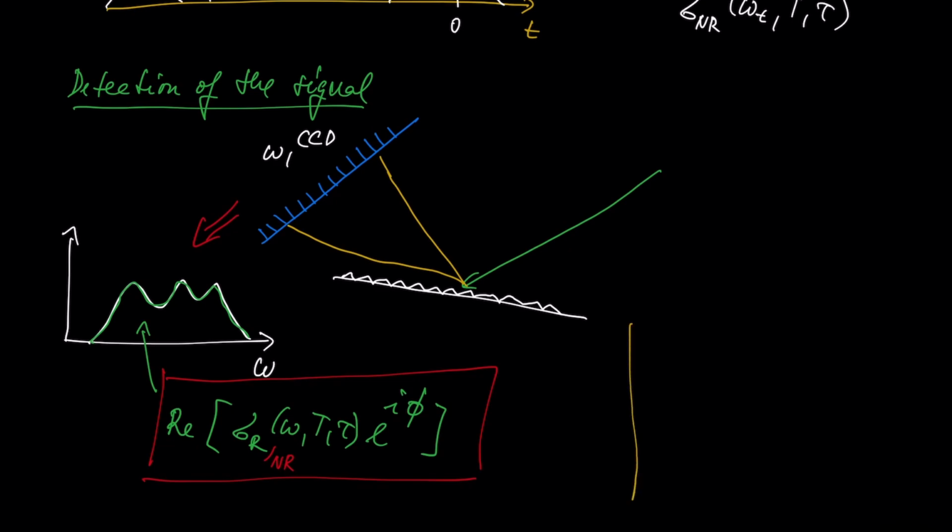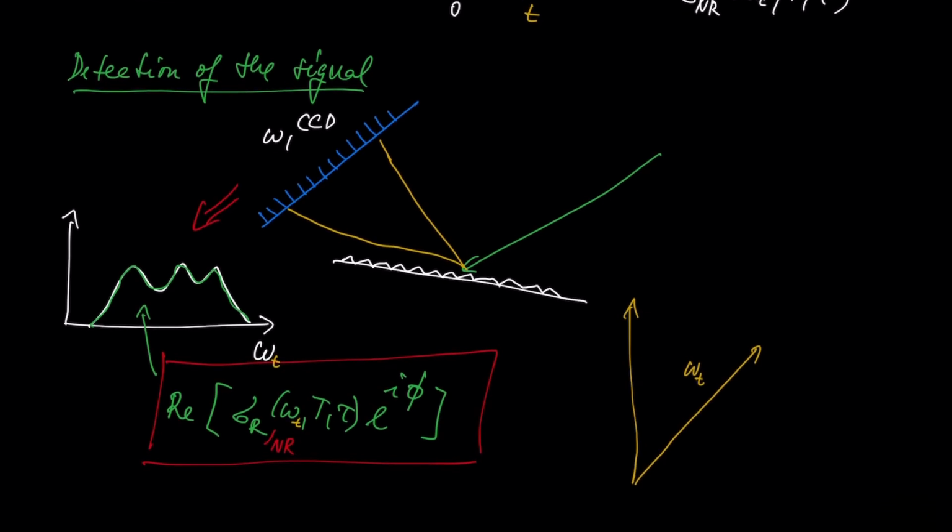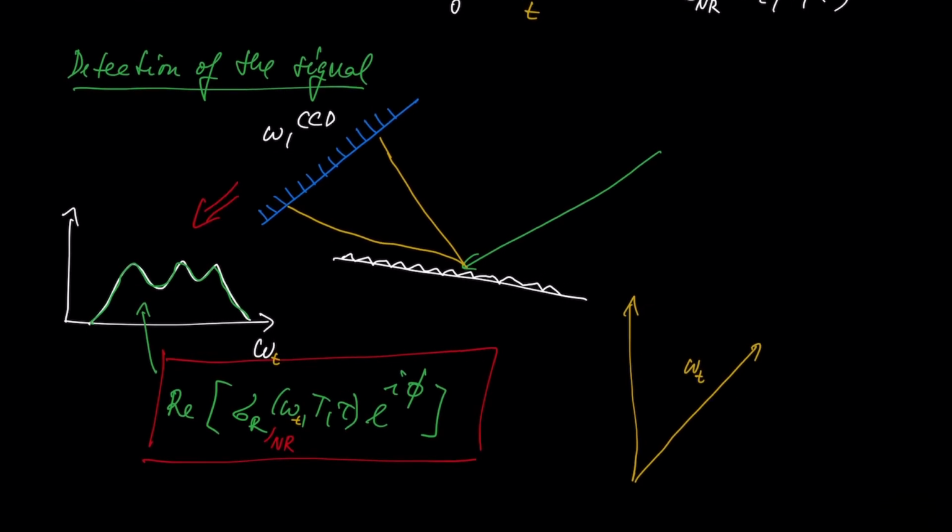And in fact, we can collect many such spectra. So let's say if we have omega here, this is the so-called omega T, because it's the frequency that corresponds to the real time. And here we have, for instance, tau, and we measure many curves like this for different values of tau.